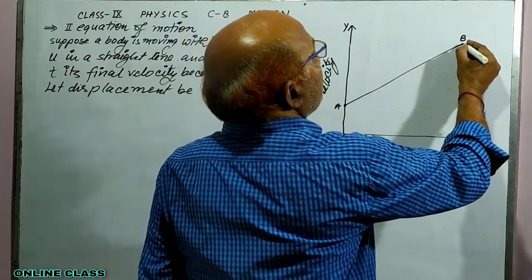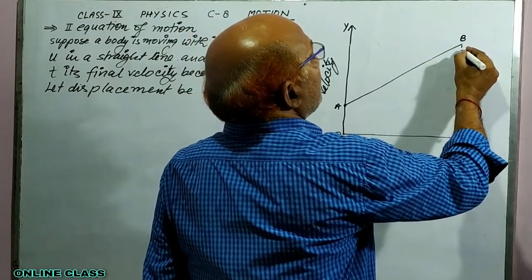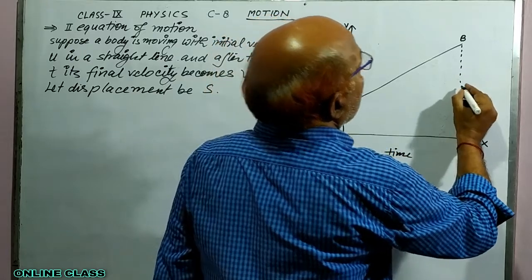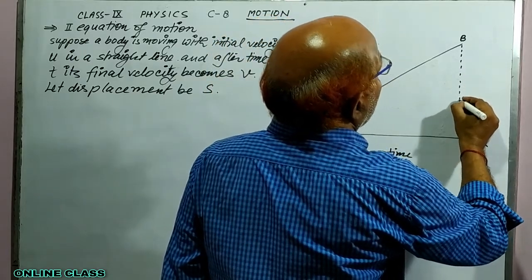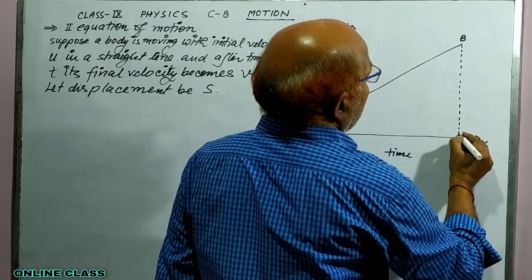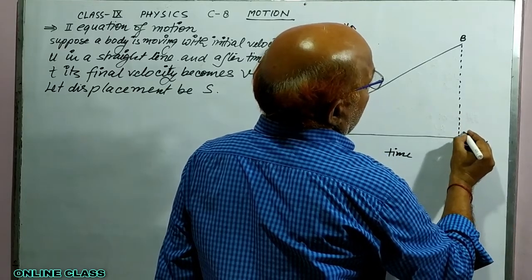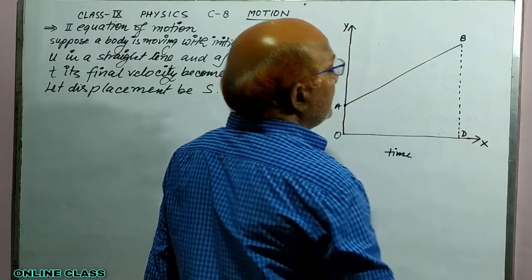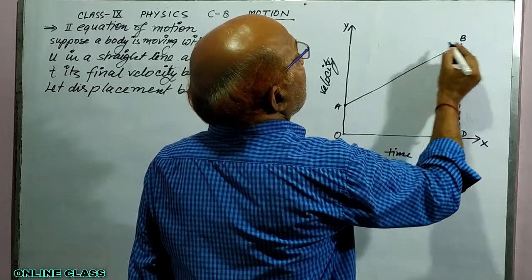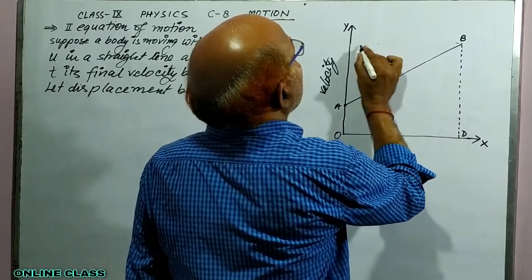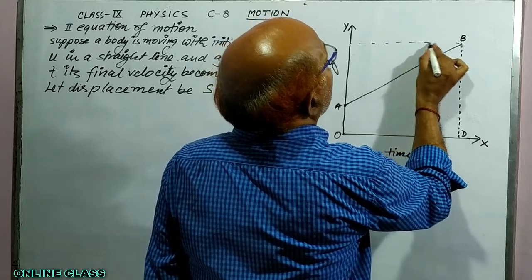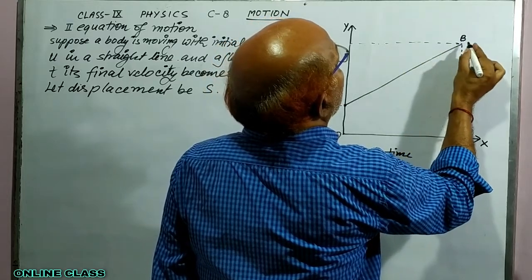From B, drop a perpendicular on the x axis, let it be BD, and from B drop a perpendicular on y axis.